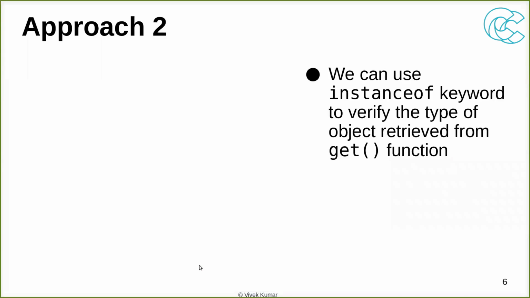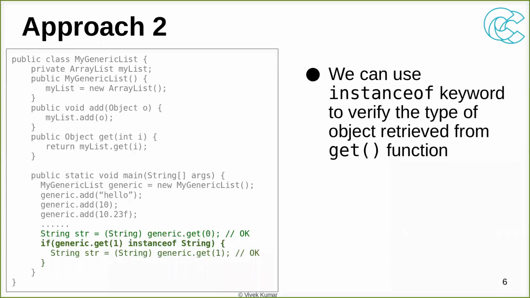So we can go and look at a different approach. In this one, we started checking for the type before we typecast it. Here we are checking if it's an instance of string, and only if that is the case, we are typecasting it. If it is not of type string, we don't typecast it, and in that way we can avoid this ClassCastException, right?